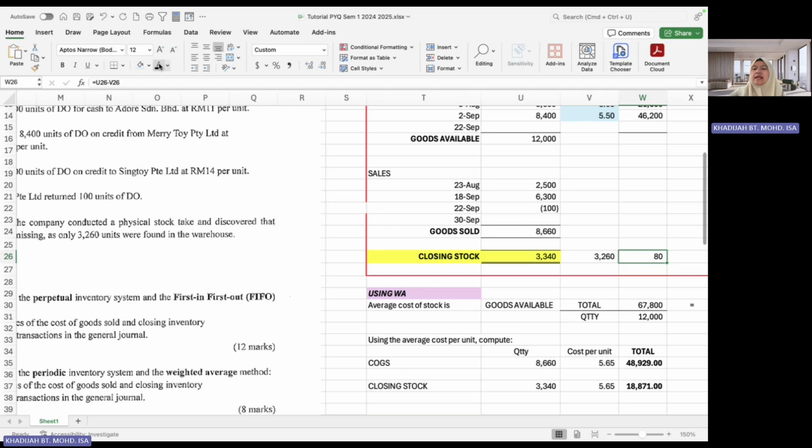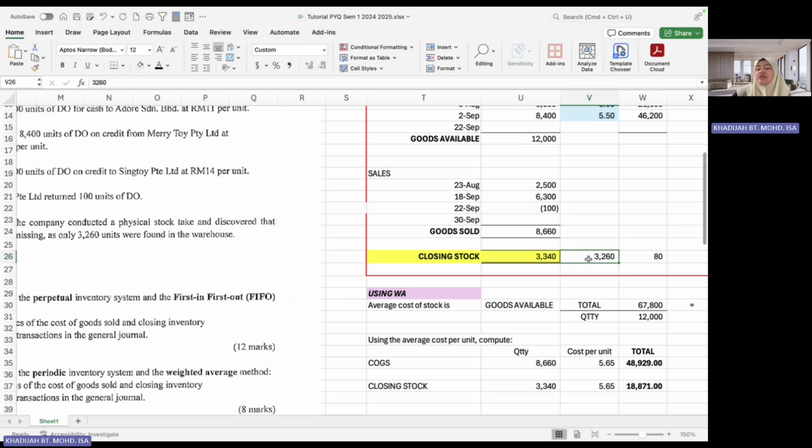It means that if you have goods available of 12,000, and you only sell 8,660, but in your closing stock, when you do your stock take, there's only 3,260, there's a difference of 80 units based on the formula. There should be 3,340, but the actual physical stock is only 3,260.